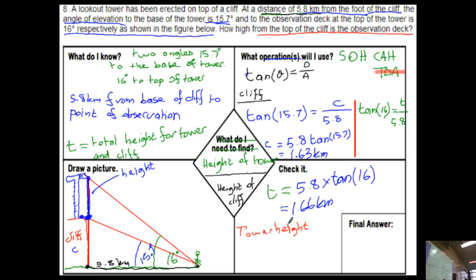The tower height is then going to be equal to, we take the largest height altogether, which is your total height. And we're going to subtract the cliff height.